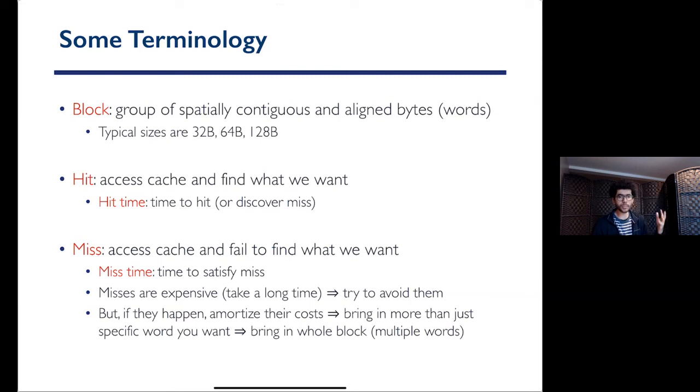So usually blocks are 32 bytes, 64 bytes, and 128 bytes. So this is the unit of cache. When we ask what are we caching, we're usually not caching a single byte. We're usually caching a group of bytes that we're going to name as a block.